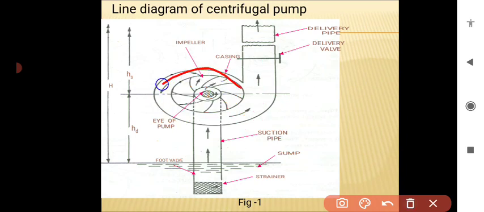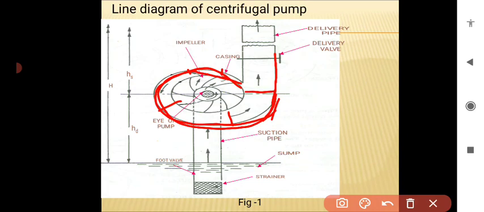The cross-sectional area of casing gradually increases towards discharge side. Observe, this is a small cross-sectional area, and here it is a larger area, here it is a big area, and here it is also a bigger area.